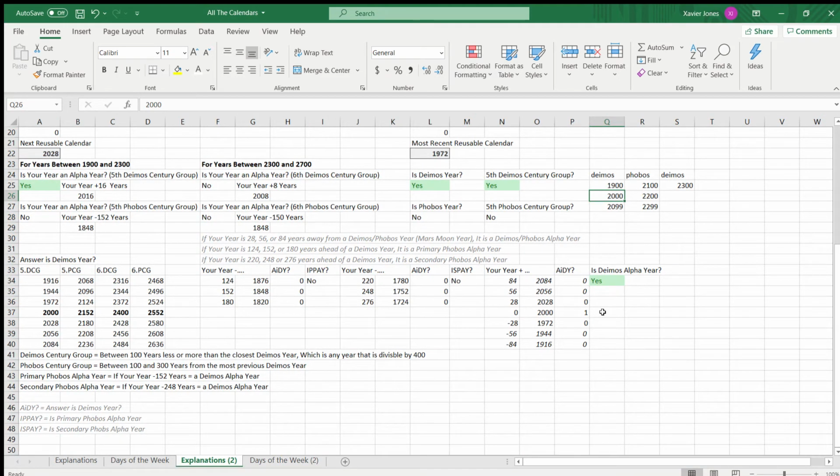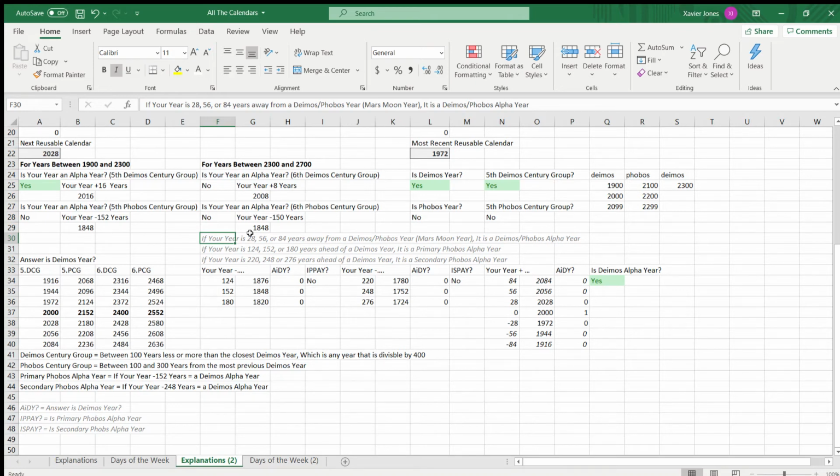So, an alpha year is basically any year that is a number divisible by 28 years away from our Deimos year. Actually, our alpha year is not always for the Deimos year. If it is a Deimos alpha year, then it is 28 years, 56 years, or 84 years away from our Deimos year. But for the Phobos year, it's the same thing.